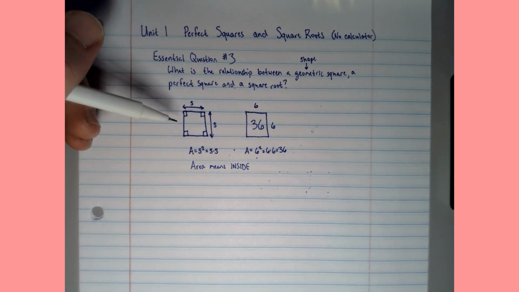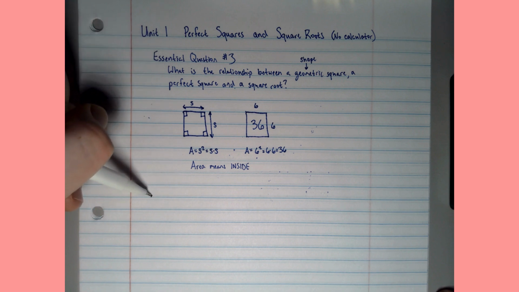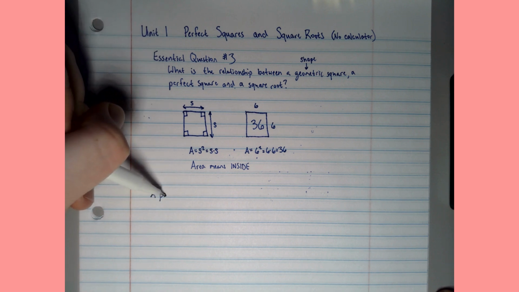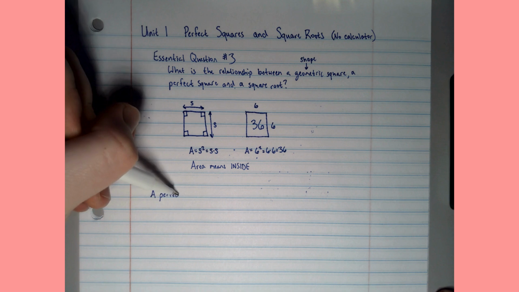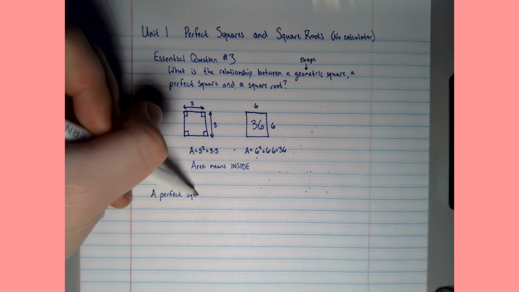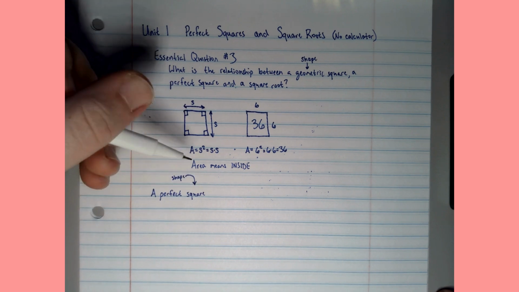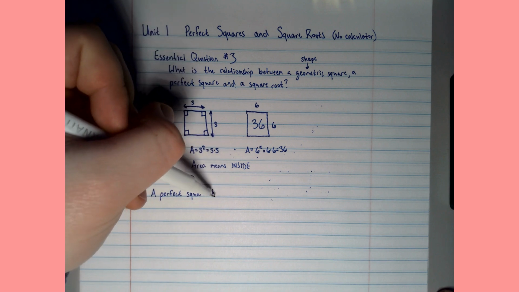Okay, so a perfect square, the shape, y'all are normally pretty good at telling me this simple fact. So a perfect square, again, we're talking about the actual shape right here, has 4 equal sides.